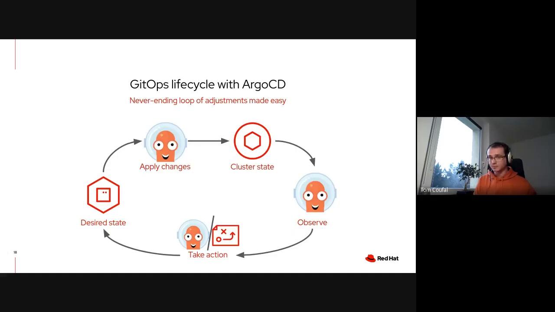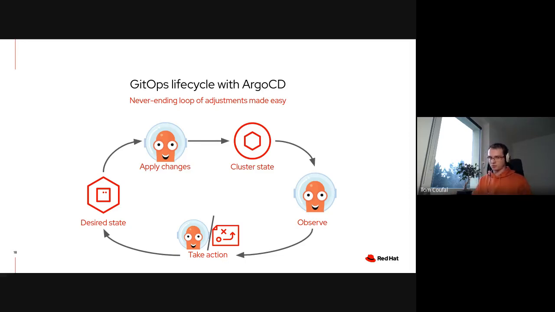So now with Argo CD, we replaced nearly all the manual steps. The only thing that's basically left is to take the action and decide what we should do with our application next, and we need to figure that out ourselves.